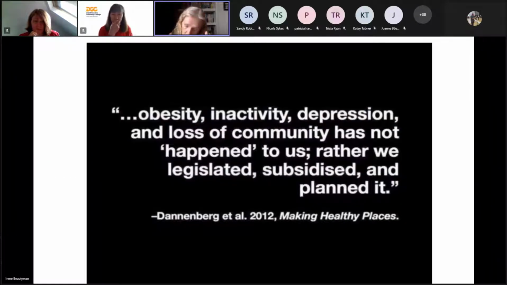This quote I always use to give the best example of that: obesity, inactivity, depression and loss of community have not happened to us by some fluke. Rather, we legislated, subsidised and planned it. We didn't do it deliberately. We didn't intend to cause all of those sufferings. We went in well-intentioned to do an intervention in one of those elements of a place, and it had unintended consequences prevalently on people.